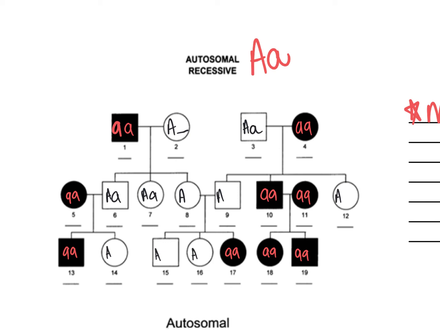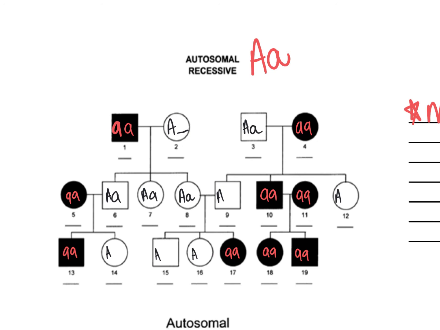There are 2 ways we can do this. We can use the person's offspring, number 17, as evidence. We would say that this person must be heterozygous because their child, number 17, must have inherited one of their recessive alleles in order to be affected.